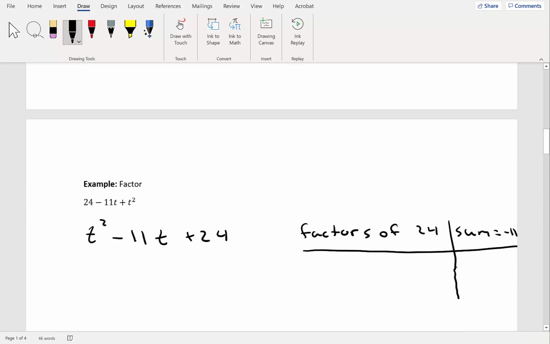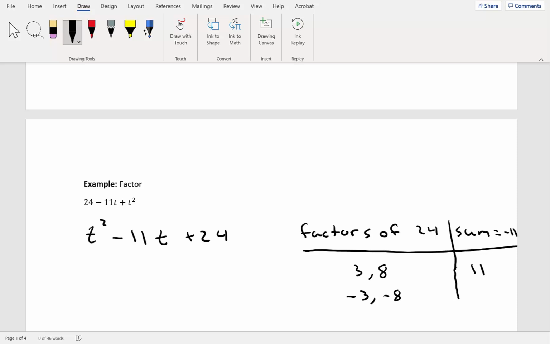Okay, so let's try to work this out. Two numbers that multiply to 24, let's say 3 and 8. So 3 times 8 gives me 24, but if I add them together, it gives me positive 11. Well, this is an easy fix because I can now use negative 3 and negative 8. Negative 3 times negative 8, a negative times a negative, gives me positive.